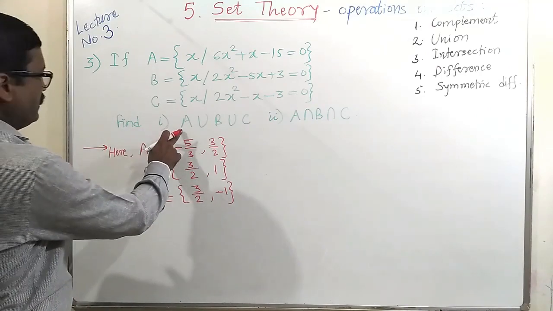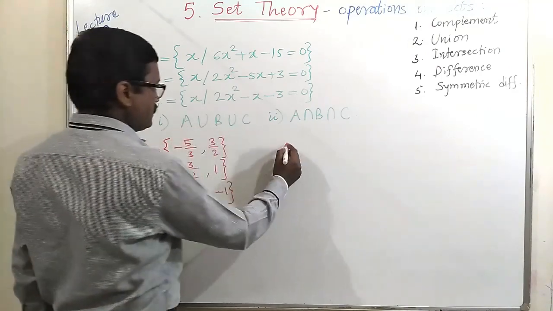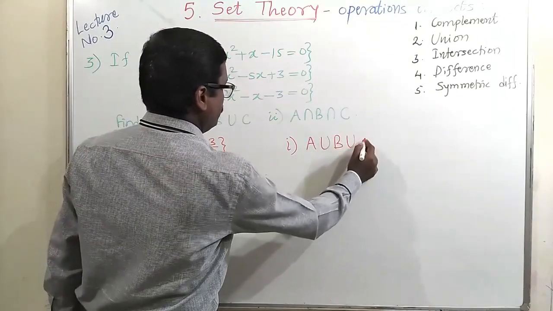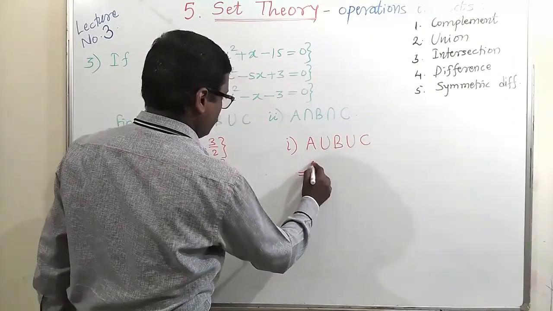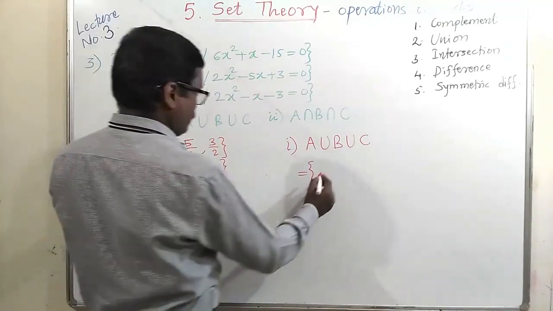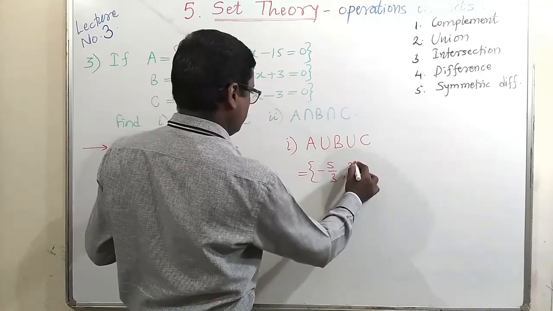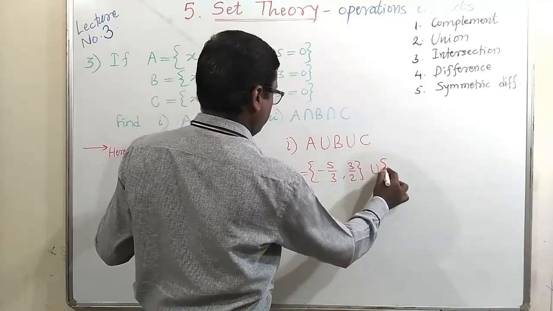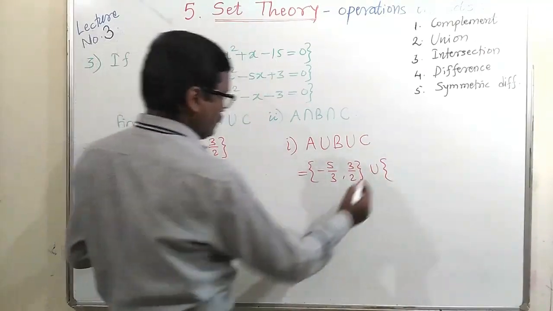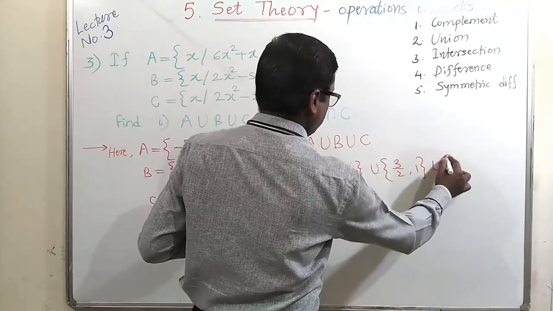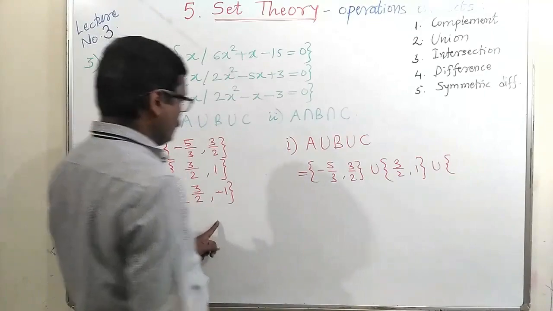Now we want to find first the union of these three sets. First is A union B union C. It is equal to set A, which is minus 5 by 3, 3 by 2, union of second set 3 by 2, 1, union last set 3 by 2, minus 1.